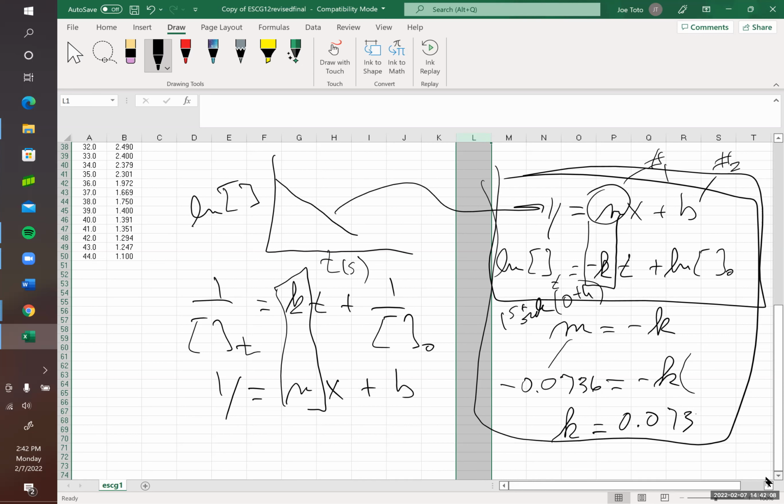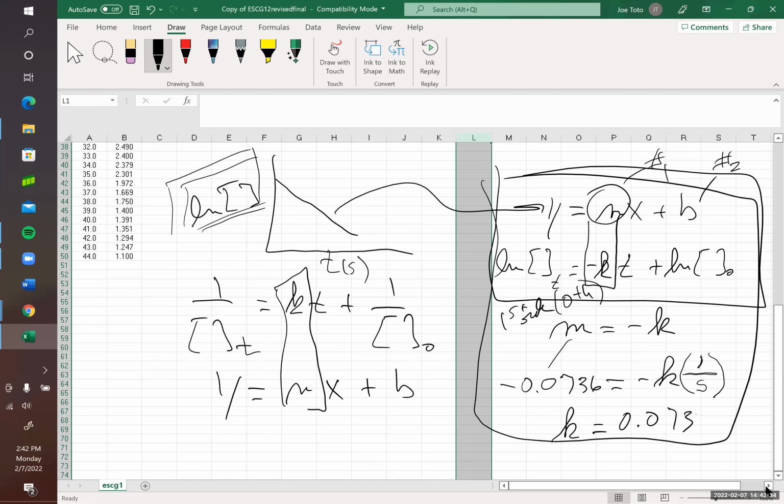And so the rise is the y-axis, which is unitless because it doesn't have units once you take the log. So no units. Run is the x-axis, or time in this case, seconds. And so that's the units of K.